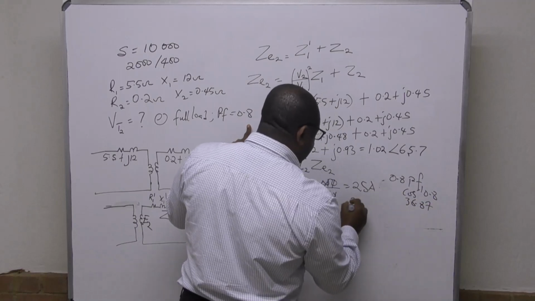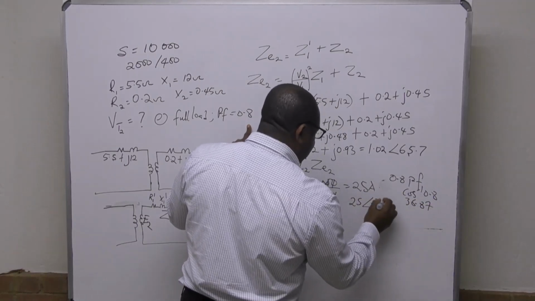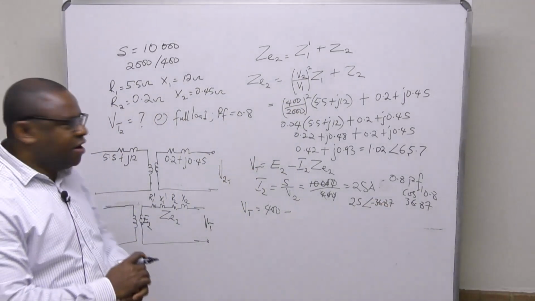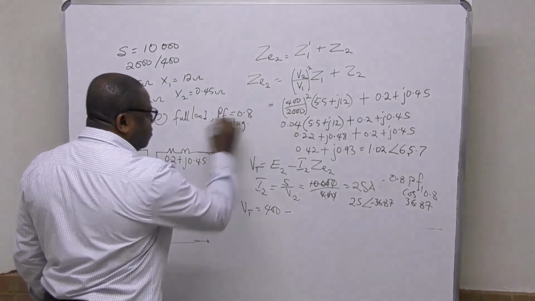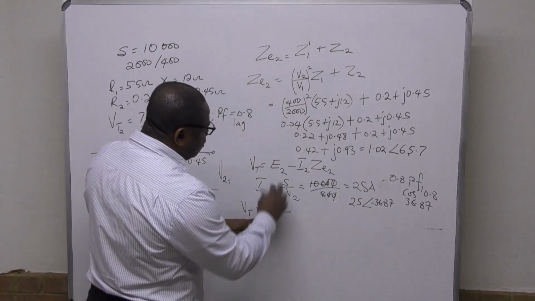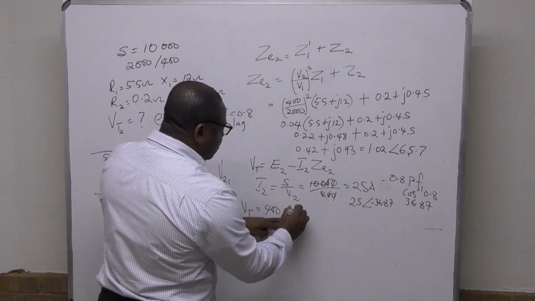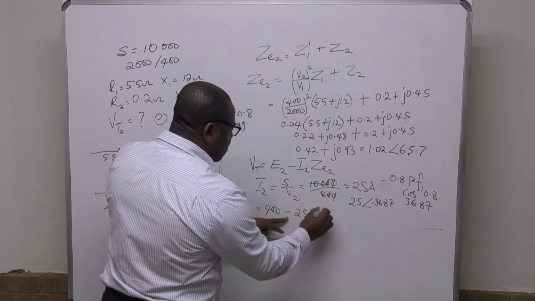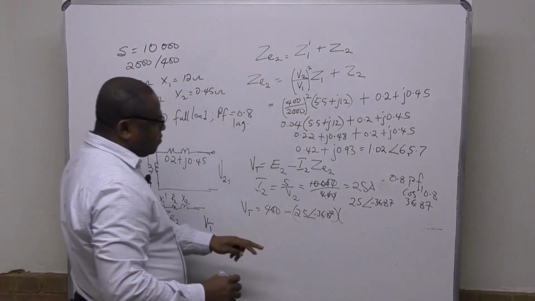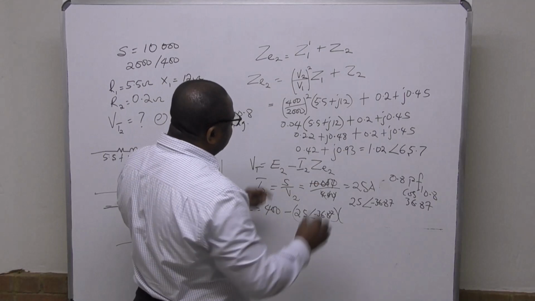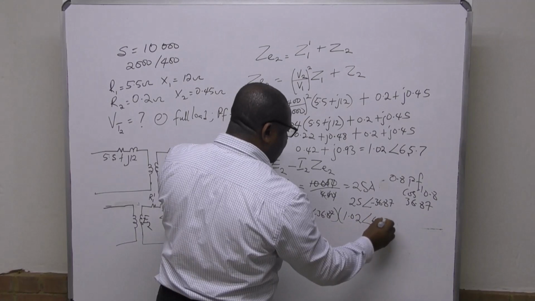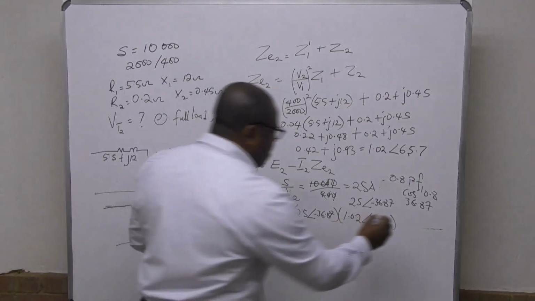So this will be 25 with an angle of minus 36.87, because that was a lagging power factor, so I have to put minus. So I'm going to substitute here: 400 minus 25 with an angle of minus 36.87, multiplied by Z equivalent, which is 1.02 with an angle of 65.7.